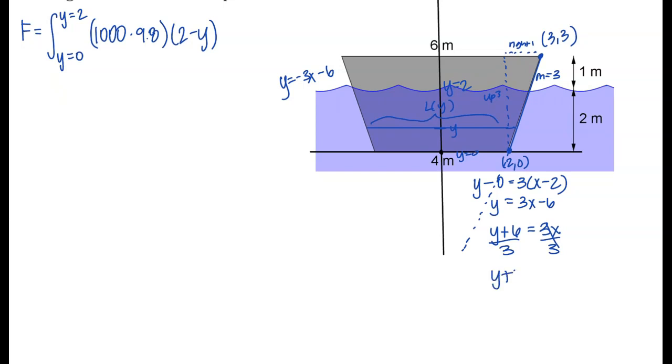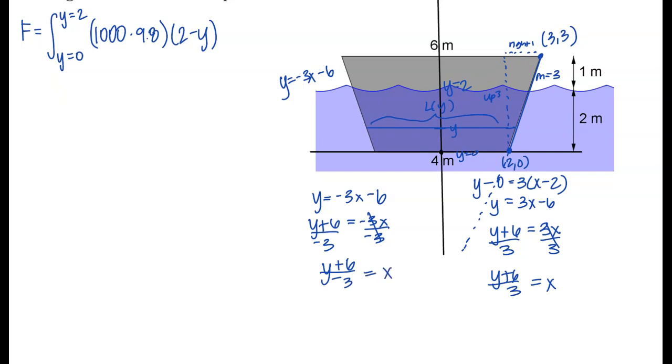So we have y plus 6 over 3 is equal to x, and then same thing on this one. I have y equals -3x minus 6. If I add the 6 and then divide by -3, I have that right equation. So y plus 6 over -3 is equal to x.